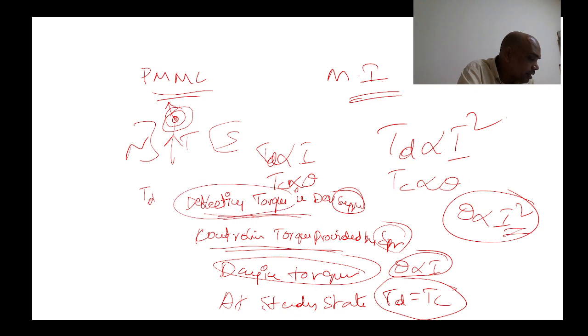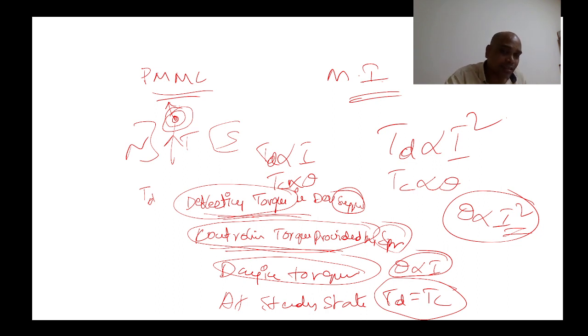Here, what is important? Deflecting torque is obtained by the supply. Initially, if you give the supply, you will get deflection. But that deflection can be controlled by the spring, which provides the controlling torque. Due to these two torques, some damping will be present in the system, which can be overcome by using an air chamber.